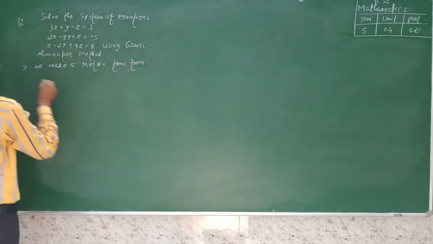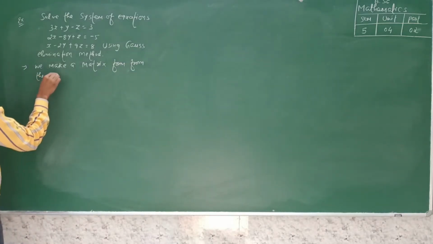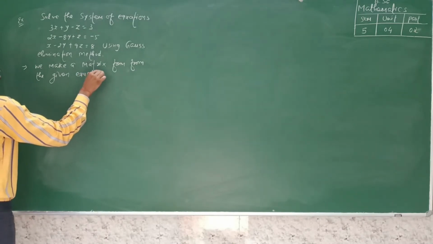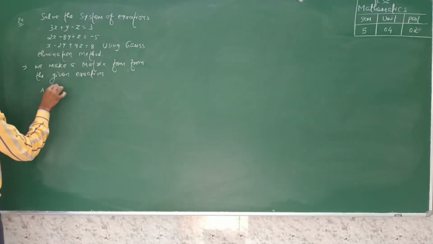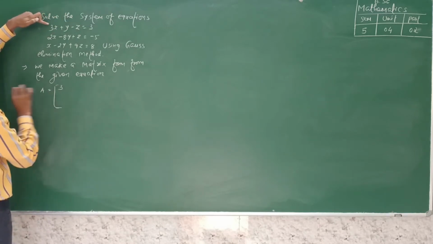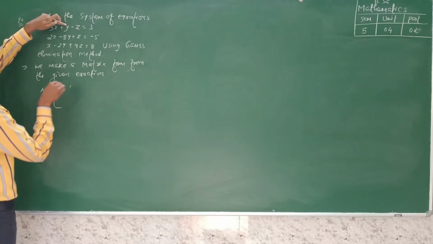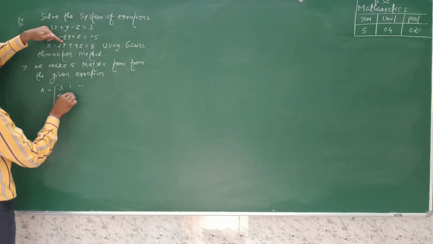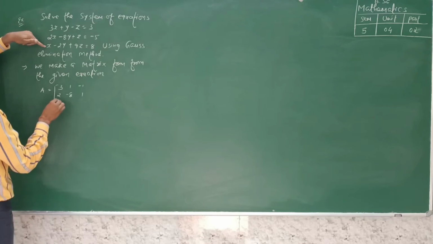From the given system of equations, A is equal to the coefficients of these variables x, y, z. Coefficients of x: 3, 1 and minus 1. Then 2, minus 8 and plus 1.